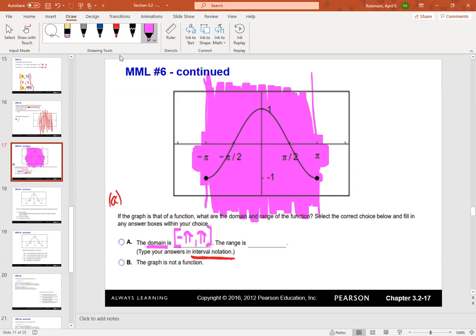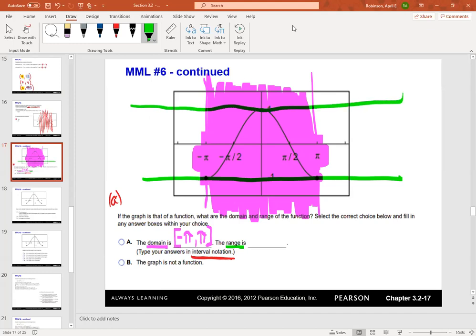Now, the range. To do the range, that's your lowest point to your highest point. My lowest point is here, and my highest point is there. Oh, it comes out black.